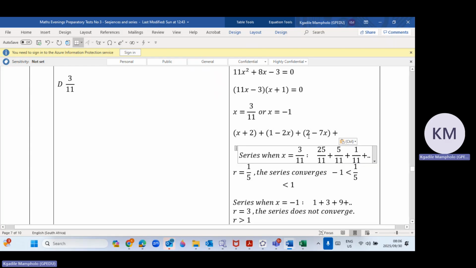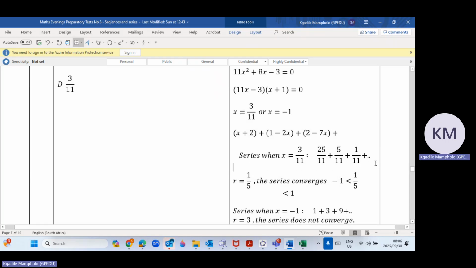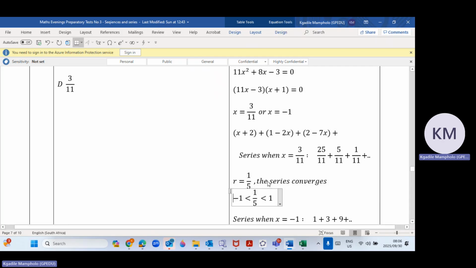From there, 2 minus 7 into 3 over 11 gives 1 over 11. Then when you try to find the common ratio, you find that r is 1 over 5. How did you get r? You say 5 over 11 divided by 25 over 11, and you get 1 over 5.